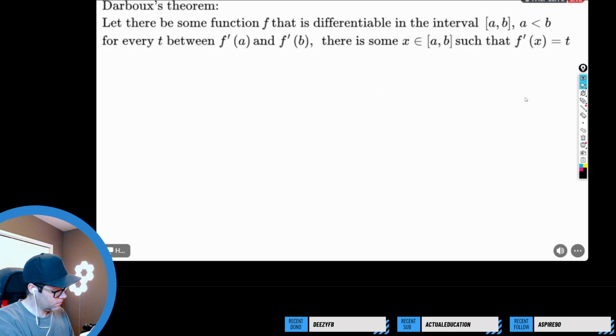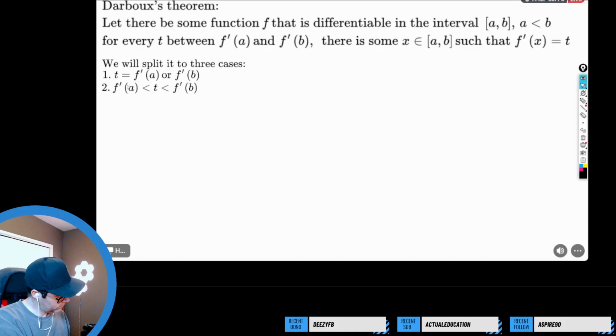Now we can split it into a few cases. The first one is if t is equal to f prime of a or f prime of b. The second one is if t is between them like this, or t is between them like this. Both of these cases are almost identical.